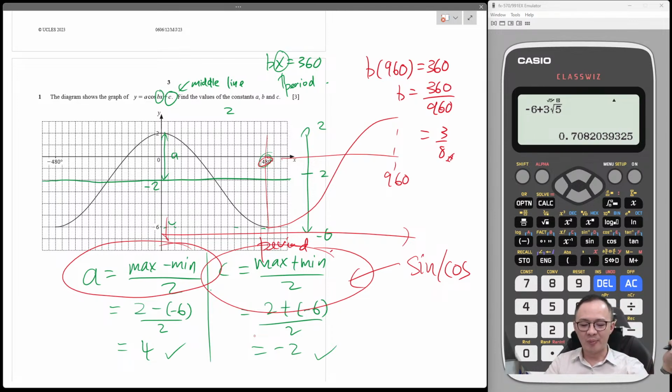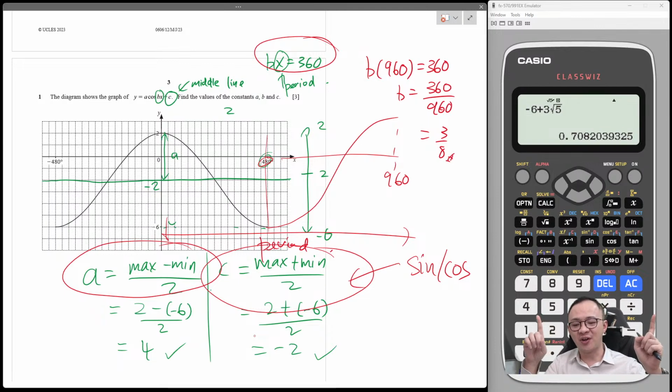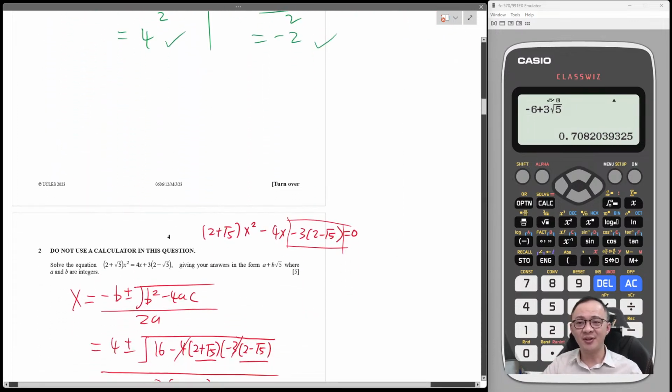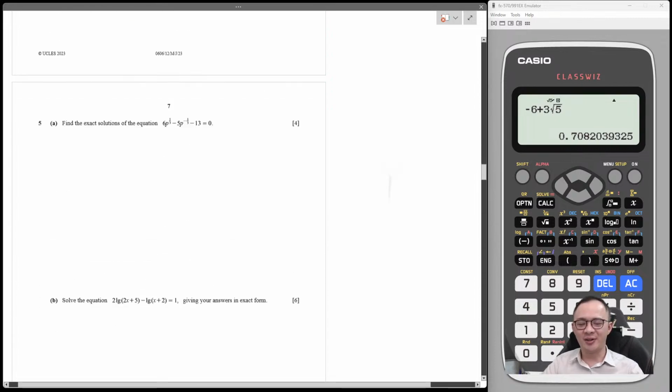For B, for cos bx equal to 360, you need to find x, your period. What is the range for 1 cycle of the cos graph? Then I find out it's 960. I substitute in, then I get the B. Okay, it's a very easy ABC question. I hope you can understand it.